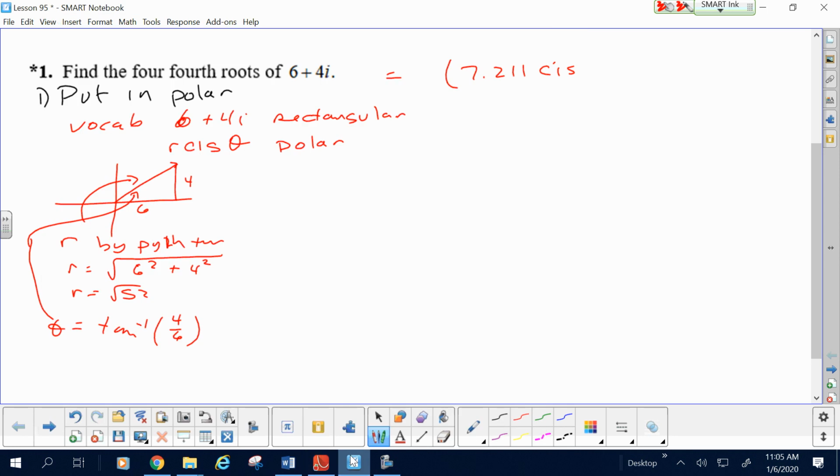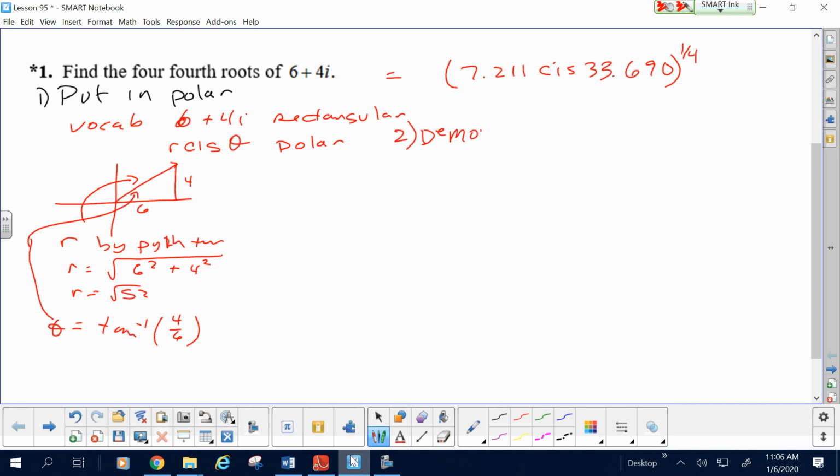All right, so the problem is now 7.211, 33 point, what did I say, 690? Okay, cool. Now, am I done? Is that my answer? No. All right, so what now do I have to do? Yeah, to the 1/4. That's where we actually use DeMoivre's theorem.